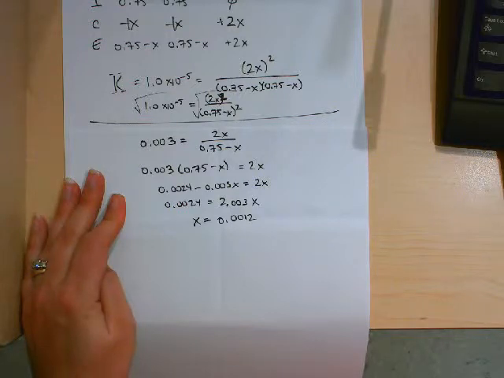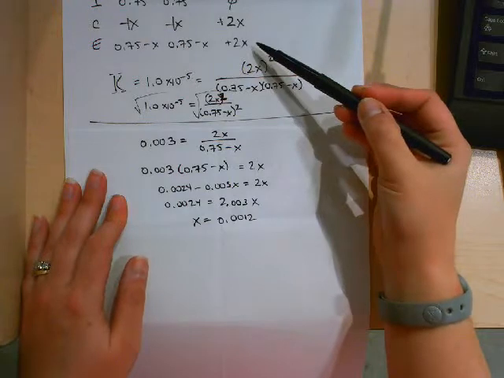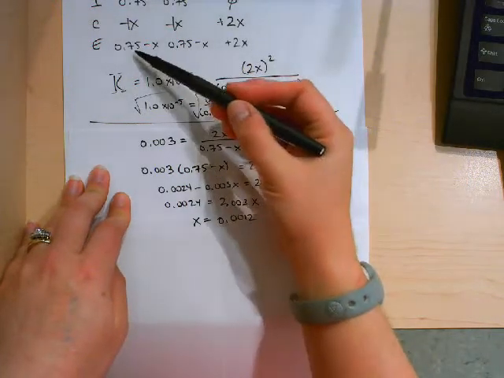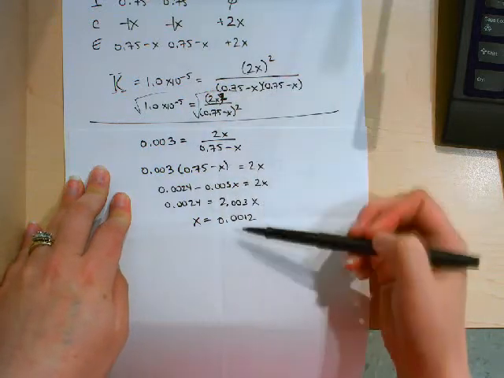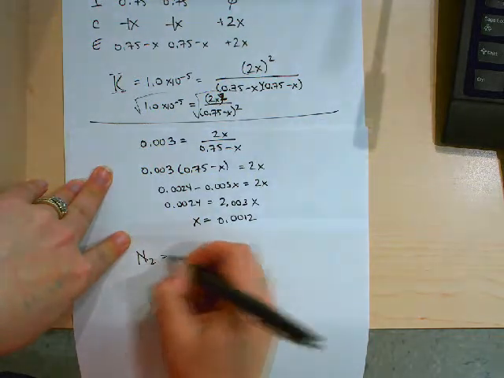And have I answered the question? The question was, what are the equilibrium concentrations? Does this tell you the equilibrium concentration? No. Really close to being done, but this is not the final answer. How do I find the equilibrium concentration? I have to plug them back into this. So I would do 0.75 minus this, 0.75 minus that, and then double that.